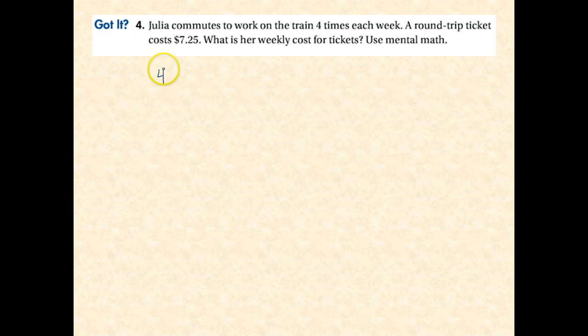Alright, so I'm doing 4 of these tickets, and each one is $7 plus 25 cents. So then I'm going to use the distributive property. 4 times 7 plus 4 times 25 cents. 4 times 7 is $28. 4 times 25 cents is $1. So that is $29.